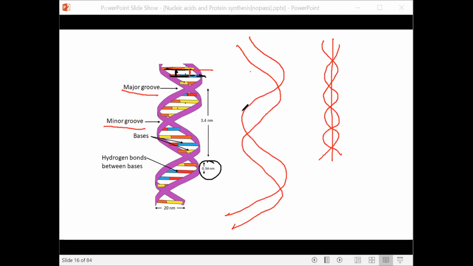So when it is twisting, you can see there is a big gap over here, and a small gap on the opposite side. So this big gap is called the major groove, and this small gap is called the minor groove.